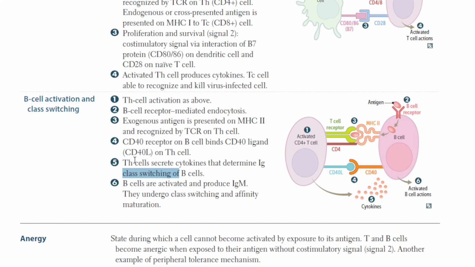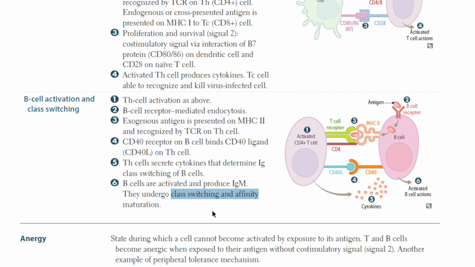These Th cells secrete cytokines that determine immunoglobulin class switching on B cells. Remember we said that class switching is a whole process through which the immunoglobulins are formed. So the B cells are activated and produce immunoglobulin M. They undergo class switching and affinity maturation. Let's read what class switching is.